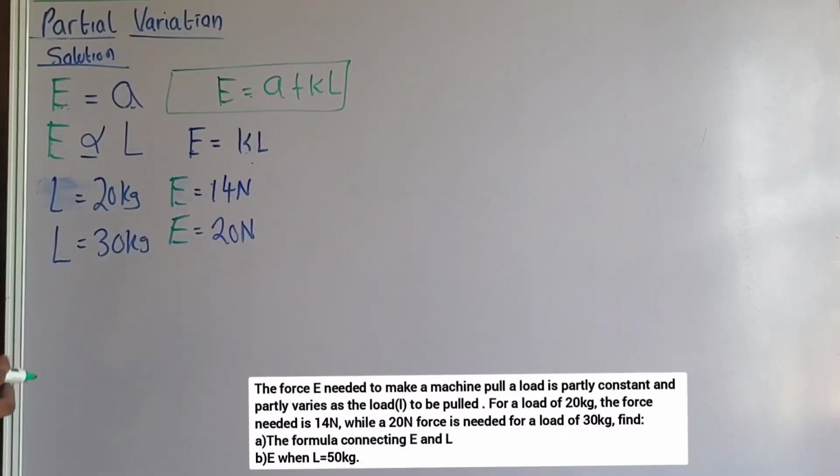We cannot determine the formula connecting E and L without knowing the value of A and K. So that's what I'm going to do now. To get the values of A and K, we've been given some important information. They say that L equals 20 kg and E equals 14 Newton.